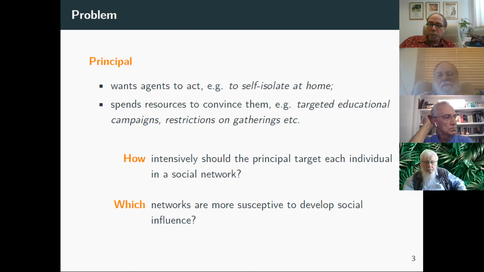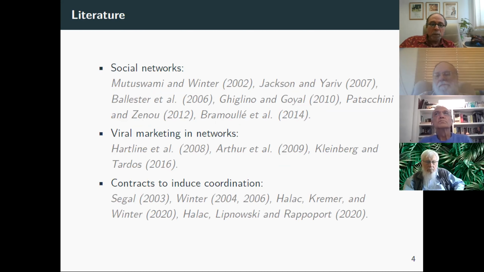This is one question. And secondly, which networks are more susceptible to developing social influence? So this paper is actually at the midpoint between three types of literature in economics, game theory and computer science. One is the literature on social networks.